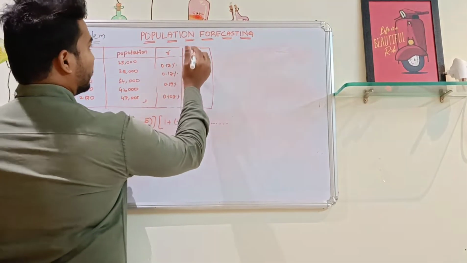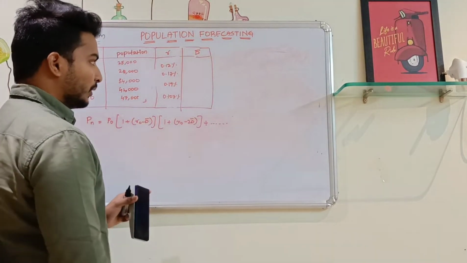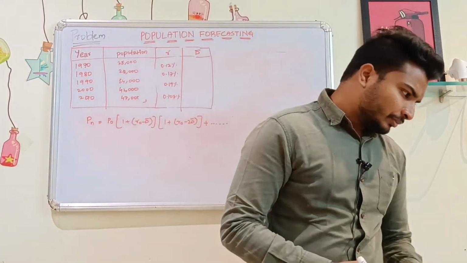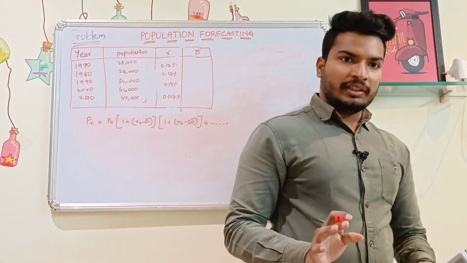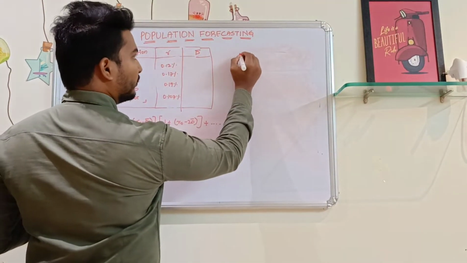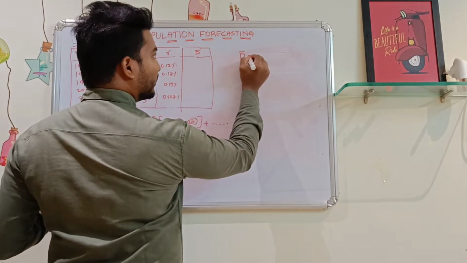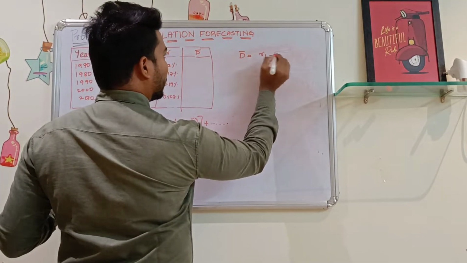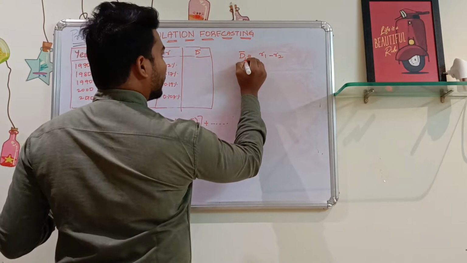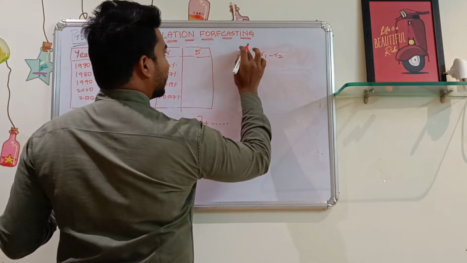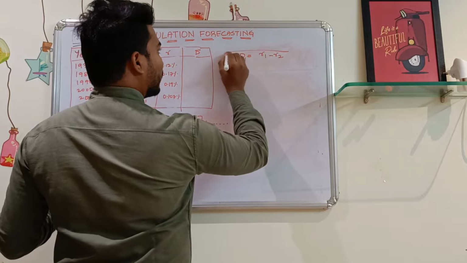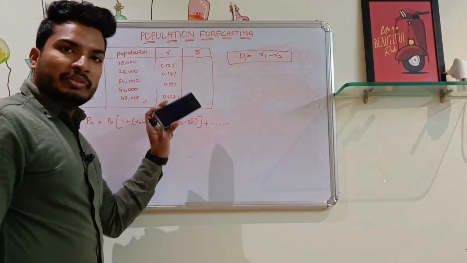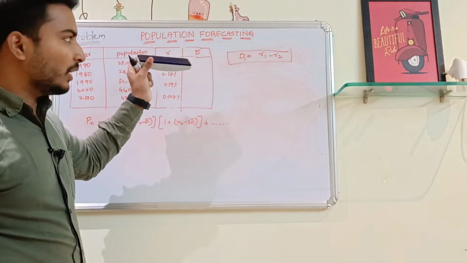And then D bar. D bar is nothing but the difference in the rate of increase, R1 minus R2.